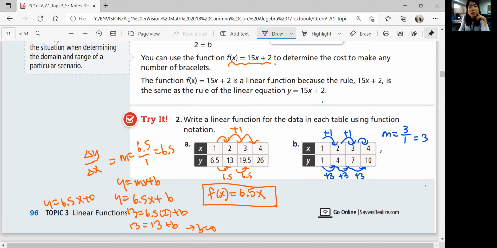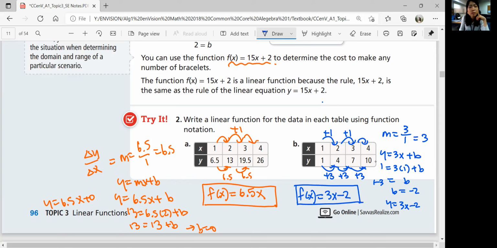Then use your slope-intercept form, 3x plus b, and pick a point. 1, 1 sounds nice. 1 equals 3 times 1 plus b, and so b is equal to 1 minus 3, which is negative 2. So your equation is 3x minus 2, plugging in your slope and y-intercept, right? Your function notation should be f of x equals 3x minus 2.